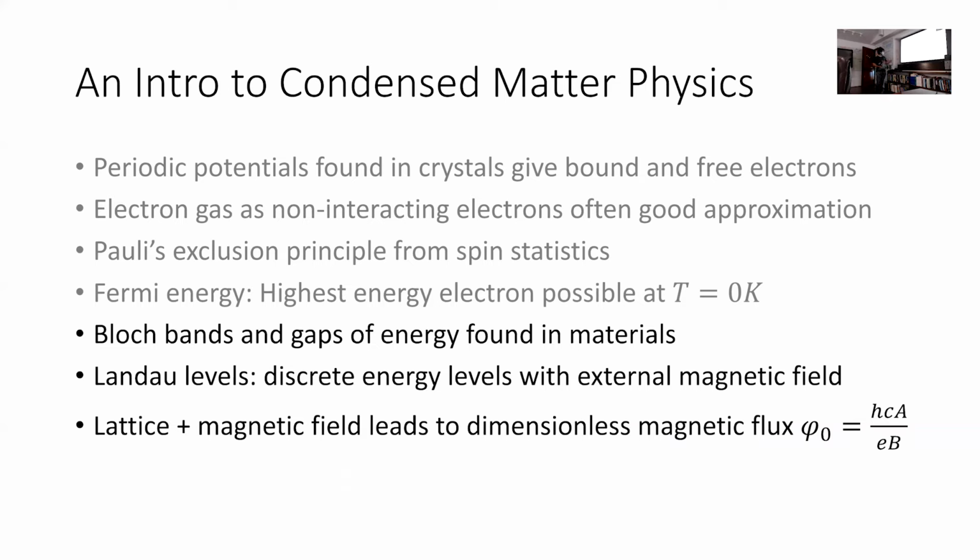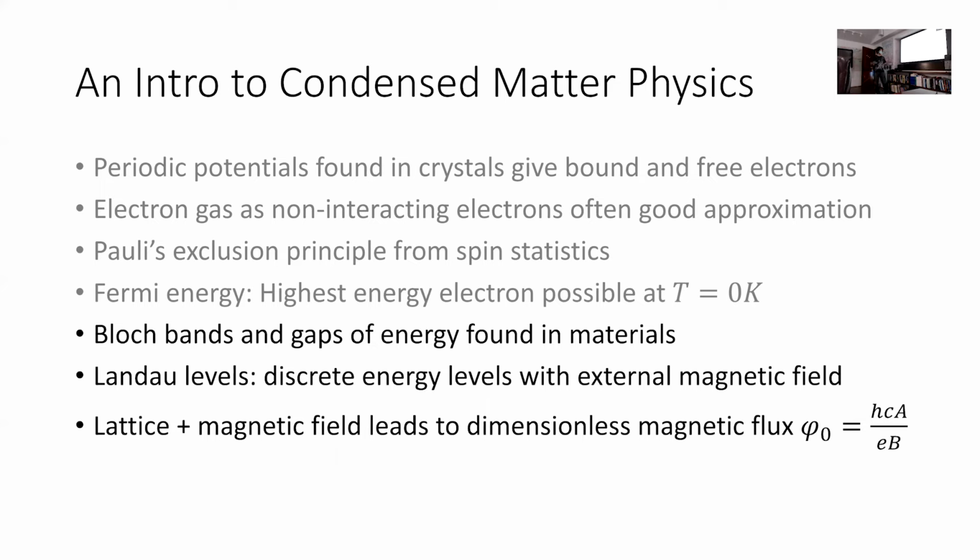We also had the notion of discrete energy levels coming from magnetic fields. The continuous bands and gaps come from a lattice, and if you have any system, whether it has a lattice or not, and you apply a magnetic field, you're going to get discrete energy levels.